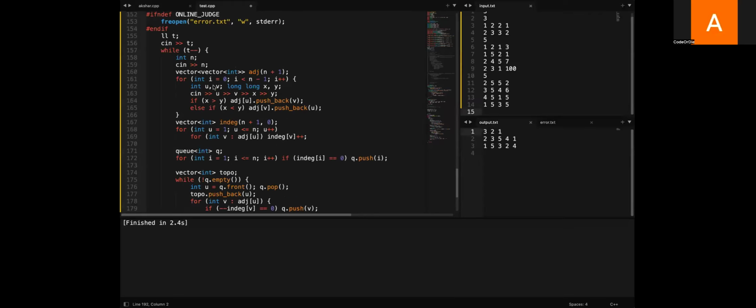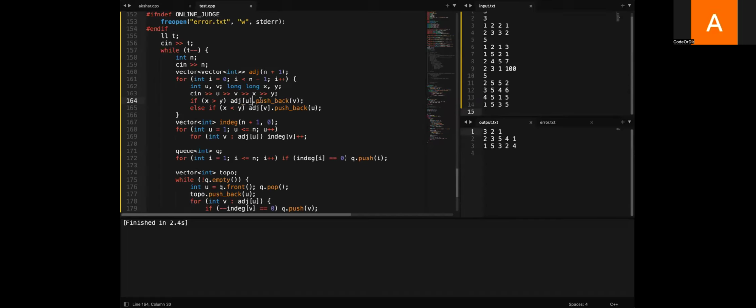So yeah, this is the adjacency list, and I have taken one based indexing because I don't want to decrease u and v. So I will input edges and x and y, which are the contributions. If x is greater than y, which means that permutation of u must be greater than permutation of v, so you will push v to u.